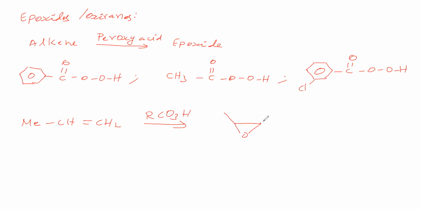Now here it is first carbon, second carbon, third carbon. 3 carbon atoms are there, therefore propane. Then this oxygen is called epoxy. It is present between carbons 1 and 2. Therefore, we can call this 1,2-epoxy propane.